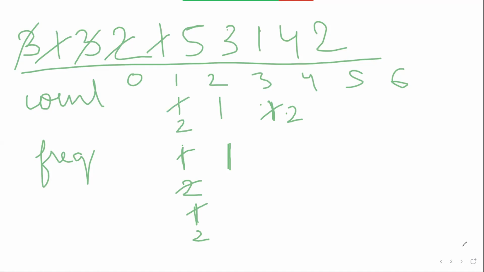Initially it was 1, so the number of elements that had frequency 1 will decrease by 1, and its count has increased to 2. So the number of elements with frequency 2 will increase to 2.